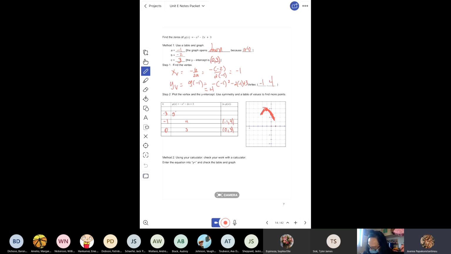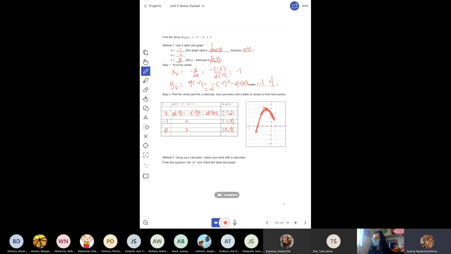I don't know. Let's go ahead and try it. What is my output when my input's -3? And feel free to check it on your calculator, right? 0. So negative 3, 0. I have a root.